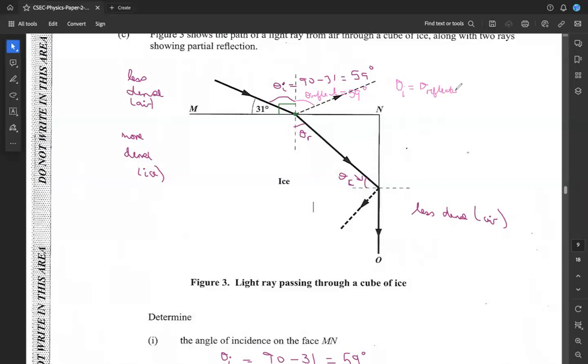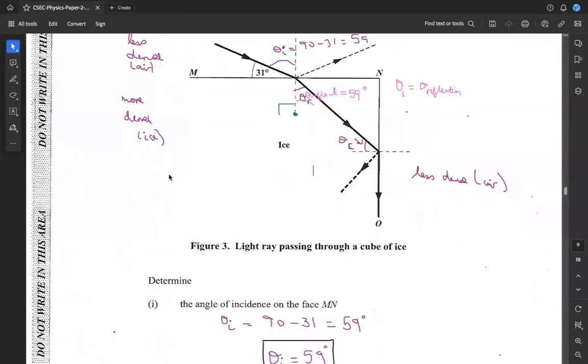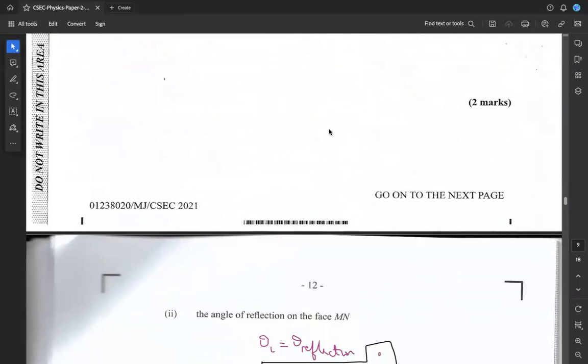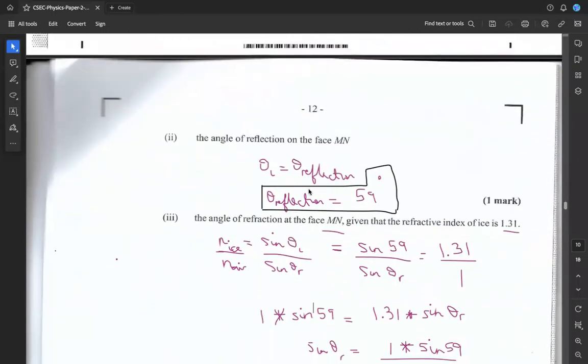Since we already calculated theta I, we can say it's the same thing. So theta reflect is also 59. We just write that in there, and that's 1 mark because they expect us to see that immediately. We're applying the laws of reflection. Okay, so 1 mark, we're good.